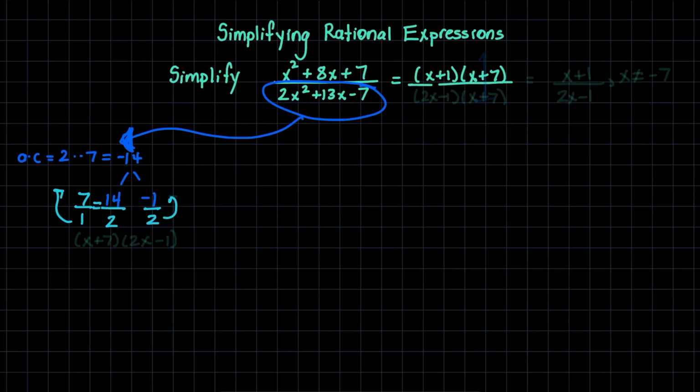This one is already simplified. (x plus 7)(2x minus 1). Both our numerator and denominator have a common factor, x plus 7. So we're left with x plus 1, which is prime, over 2x minus 1, which is prime. We acknowledge x cannot equal -7.